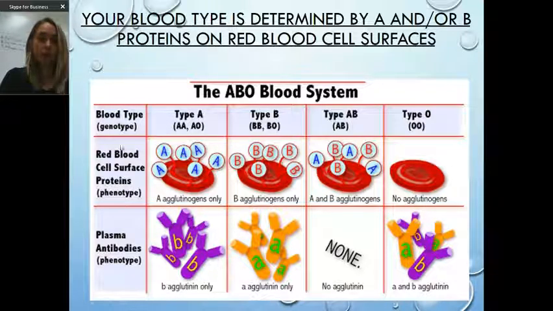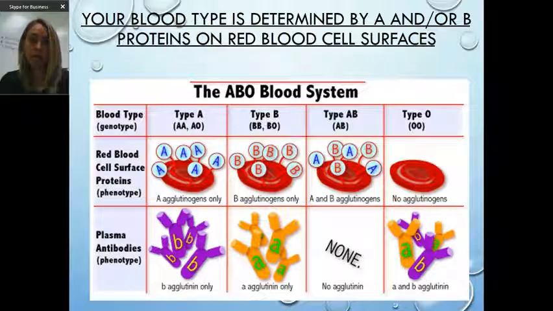So if you were to receive a blood transfusion and you have blood type A and you got some blood from somebody that was blood type B, your immune system would kick in and start attacking all of that blood that came into your system. And that's what we call when your body rejects it.